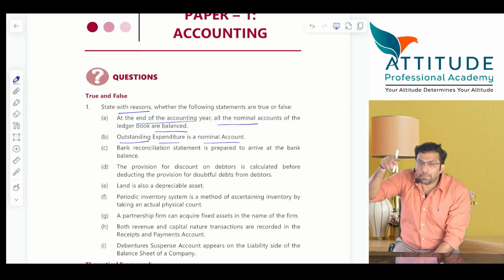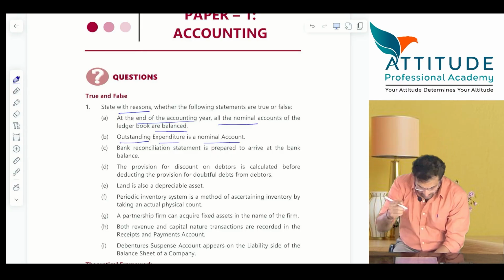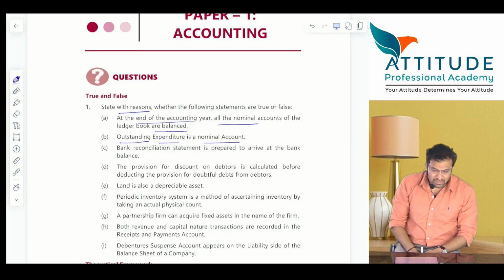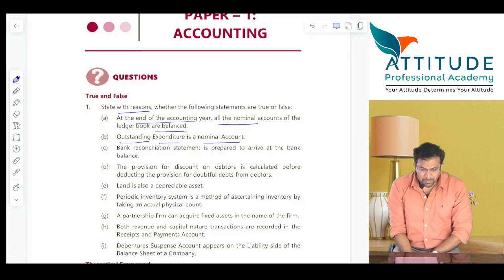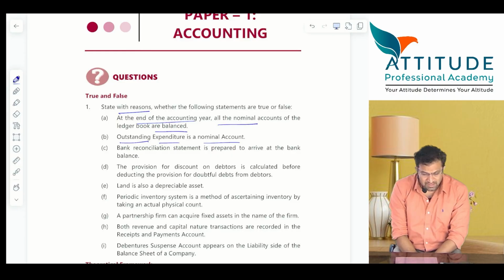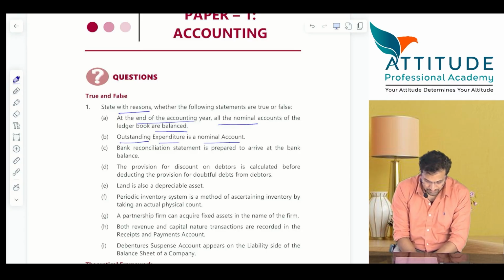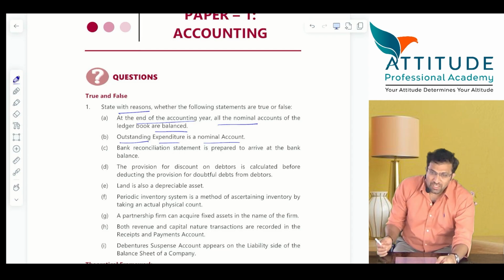Understood? So it's a representative account. It is representing some person. That is, it is a liability due to some person.